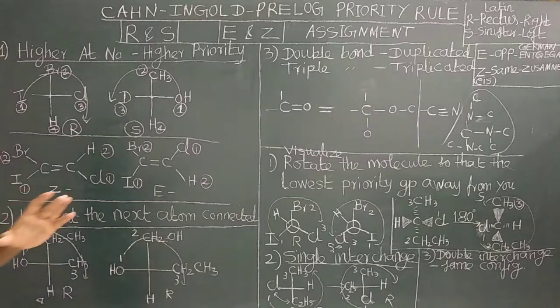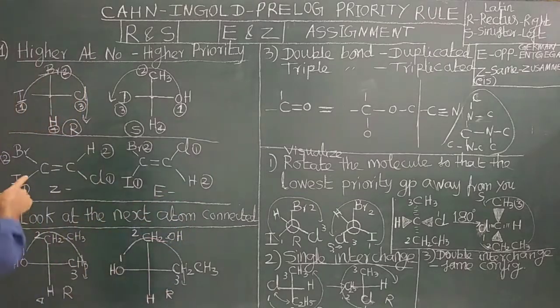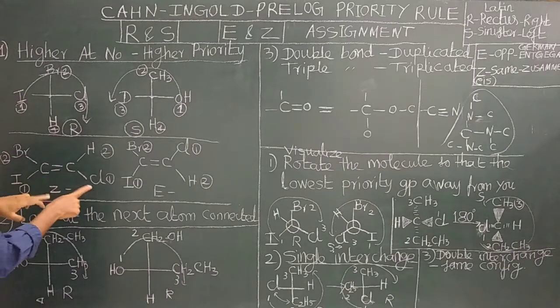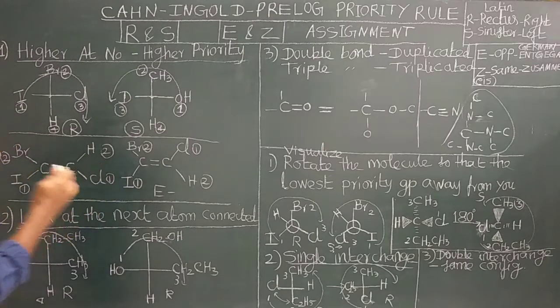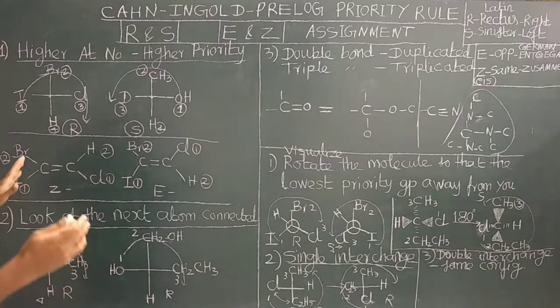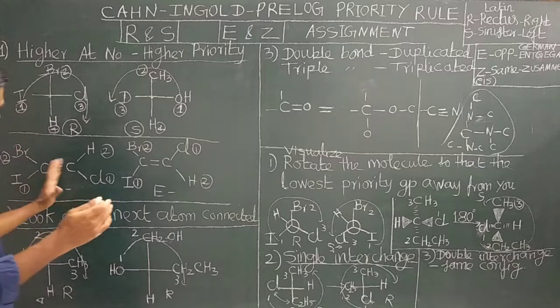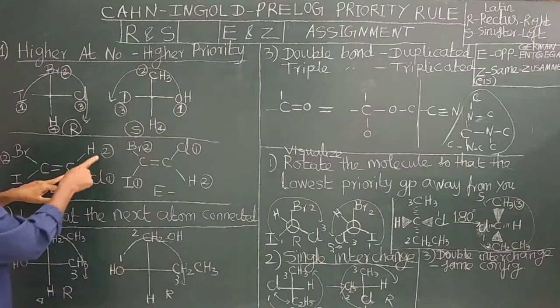Now let us assign the priority sequence rule first. For the first carbon, this has the highest atomic number, so 1, and this has a lower atomic number, so 2. You consider the two carbons separately; for this carbon, this is 1 and this is 2.